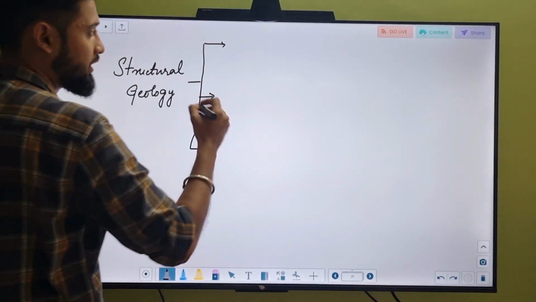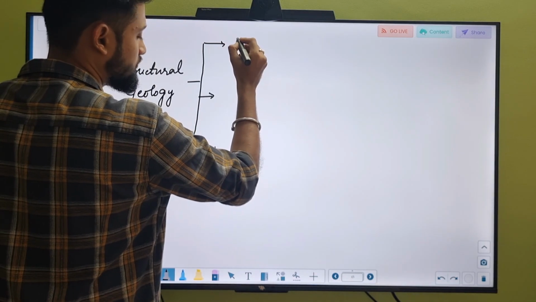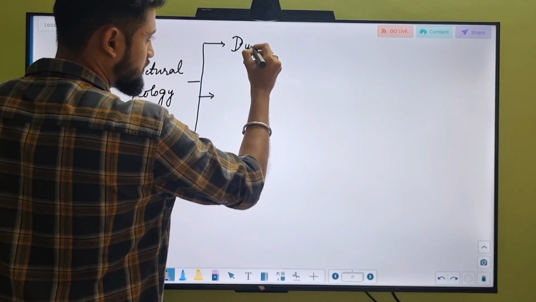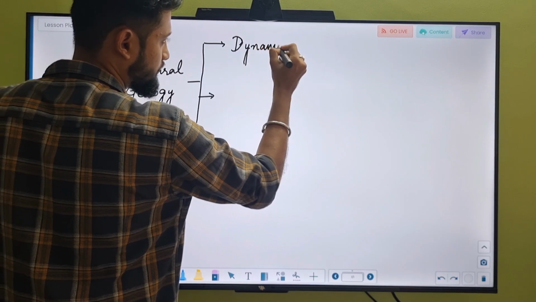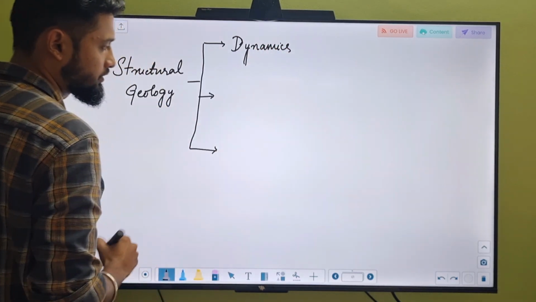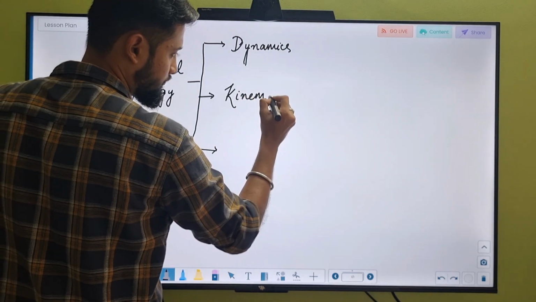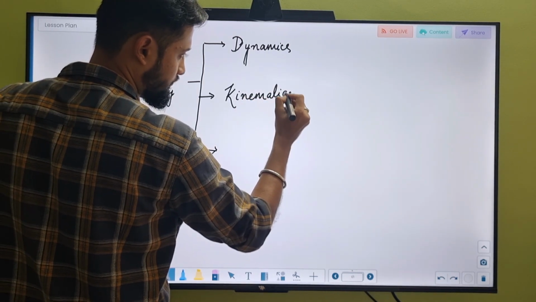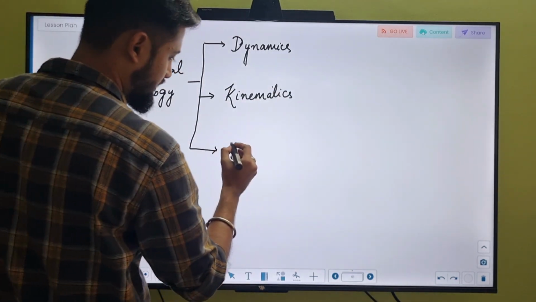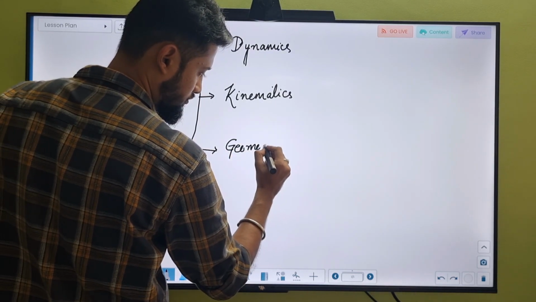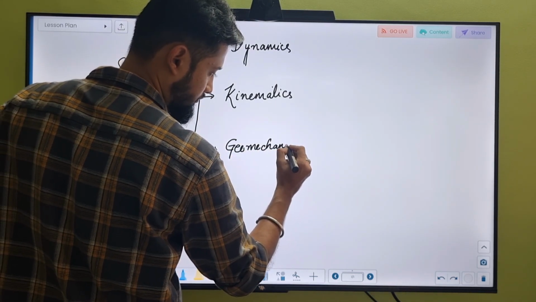That is, one is the dynamics, one is the kinematics, and another one is the geomechanical.